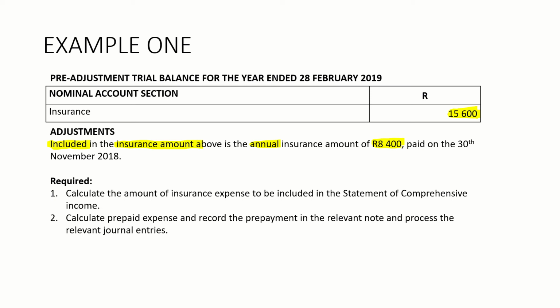We don't have a problem with that 8,400 being included in the 15,600. The only problem it presents is the fact that that 8,400 was paid on the 30th of November 2018.